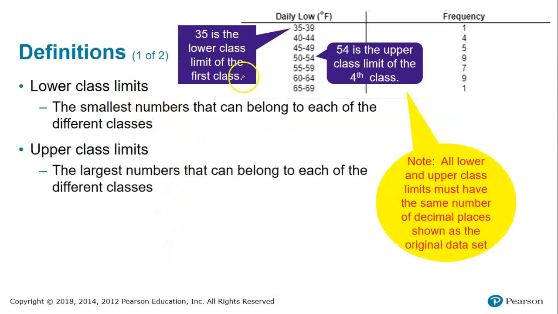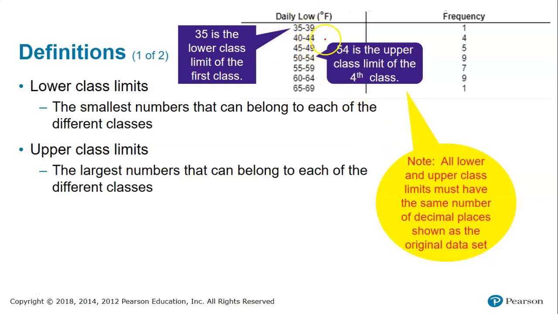Some other things here: the bottom number in a particular class is going to be the lower class limit, and that's the smallest number that can belong to that particular class. And then the upper class limit is going to be the largest number that can belong to each of the different classes. So for this first class, 35 would be the smallest number and 39 would be the largest number that would fit in that class.